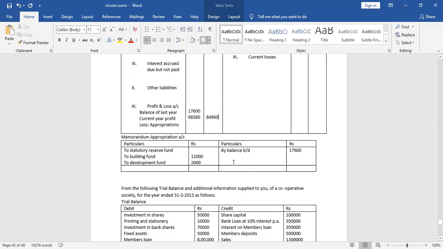And this current year profit will come in the appropriation also. By current year profit or by net profit brought down. How much is it? 67,360, which will come to a total of 84,960.